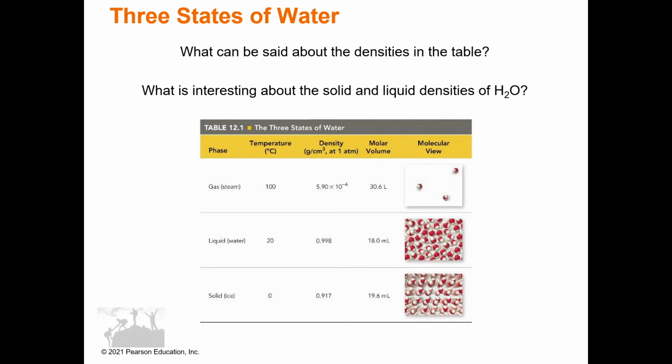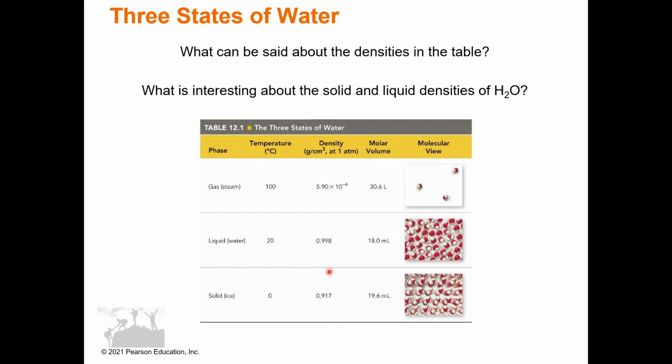We'll be using H2O many times throughout this chapter. Here you can see in table 12.1, we have different physical characteristics of the 3 different phases of H2O. One thing to note would be the density. So generally speaking, with any substance, the density value would increase as the phase becomes more condensed.